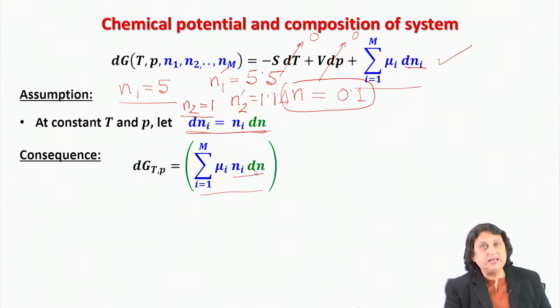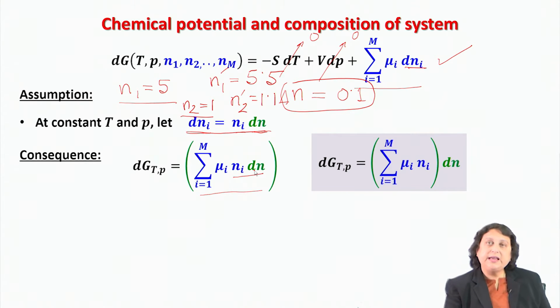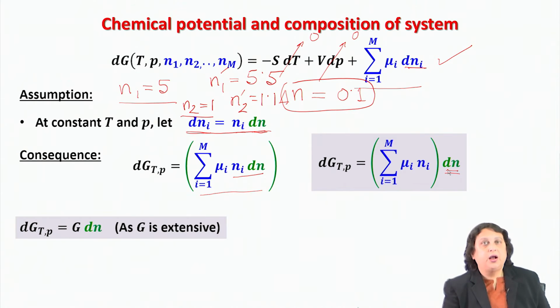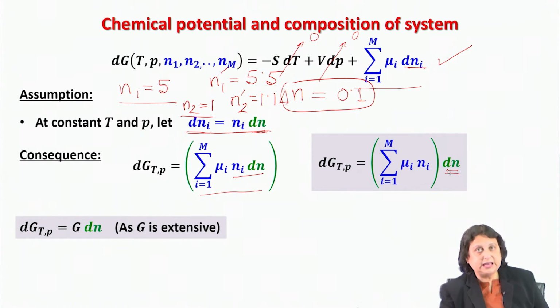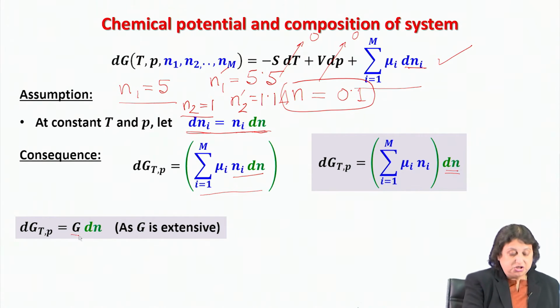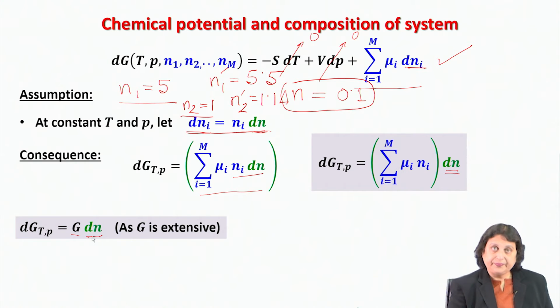But obviously, dN doesn't depend on which type of component you are looking at, and therefore I can take it out and write it outside this bracket. And therefore, I would be able to say that I know that dG at constant T and P is G into dN, as G is extensive.